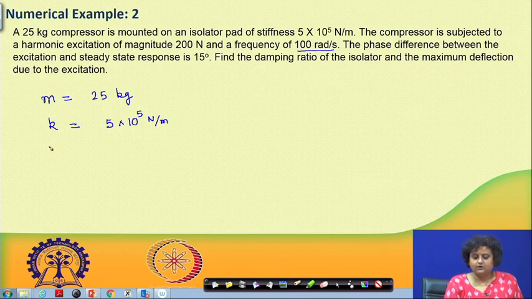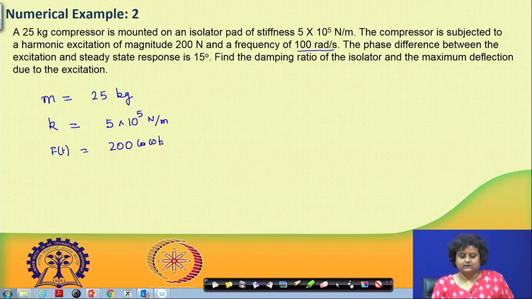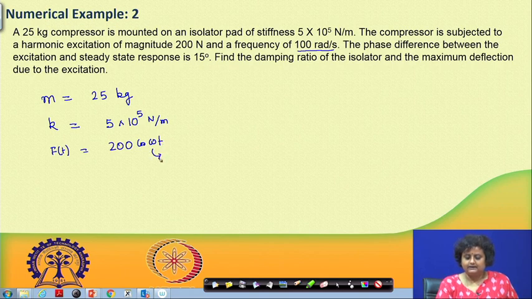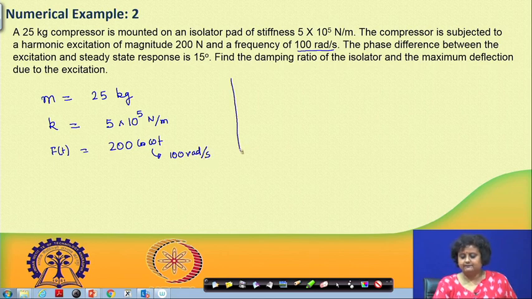The force F(t) is given as 200 Newton into cos omega t, that is acting on the system. The frequency omega is given as 100 radian per second. So, these are given. What we need to find out is zeta and x.